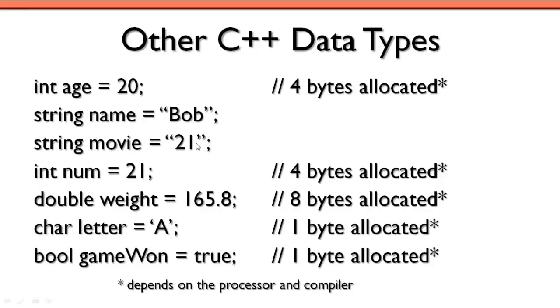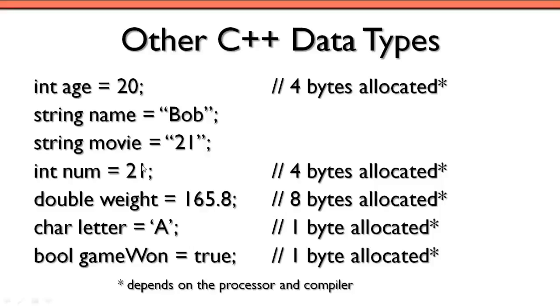Just to contrast that, we see in the next example another int data type being declared. This time we're using the variable name num, and we're taking 21 and storing it into that particular memory location designated by the name num. So these two are very different animals out there in memory in terms of the amount of space that's going to be allocated, and also in terms of the operations that we can perform.